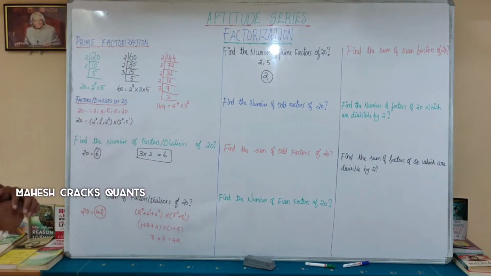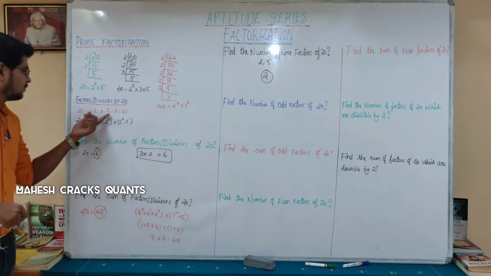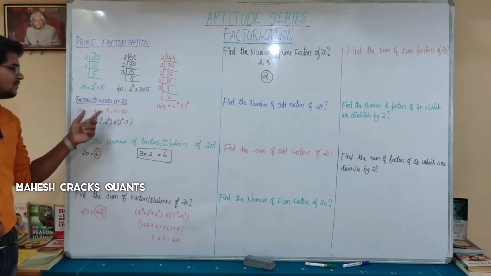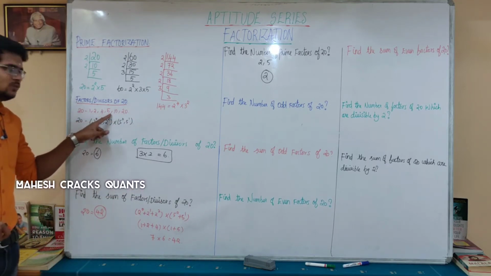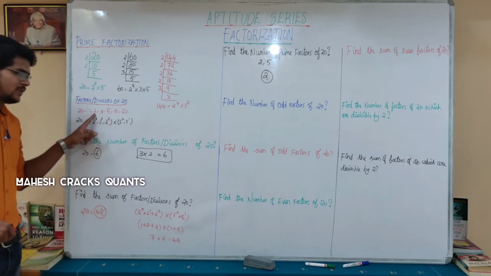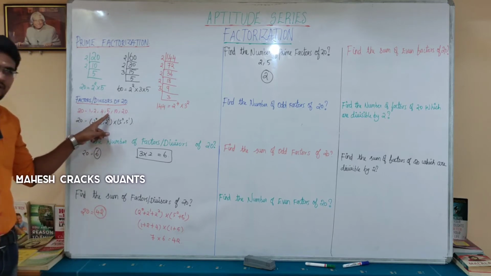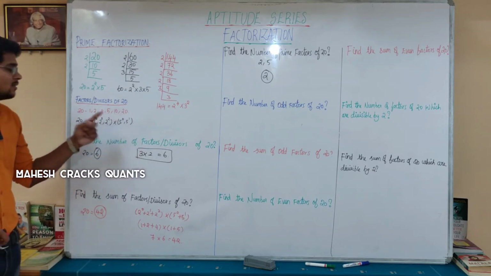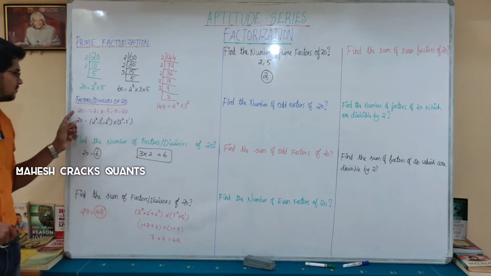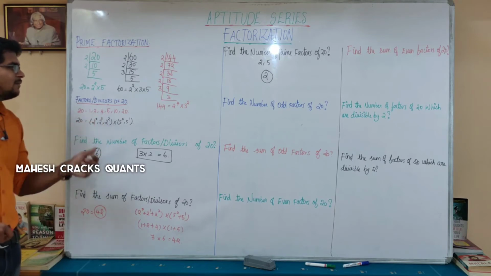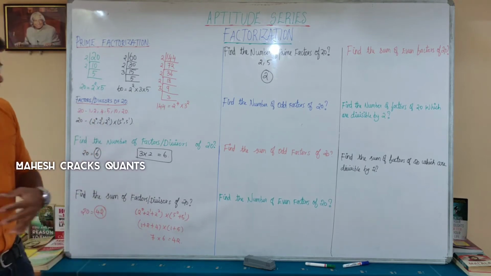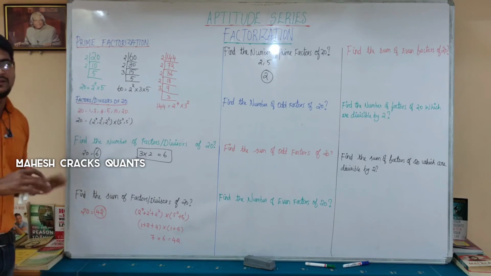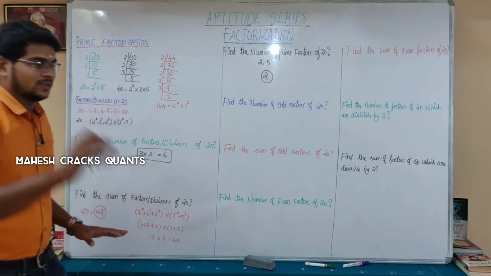Done. In the same way, if you calculate manually, how many prime factors? 1, 2. There are 2, right? 2 is a prime number as well as 5 is a prime number. There are no other prime numbers in these factors. So there are 2 prime factors. Manually it is 2 and 5, and in factorization it is also 2 and 5. We know that clearly.